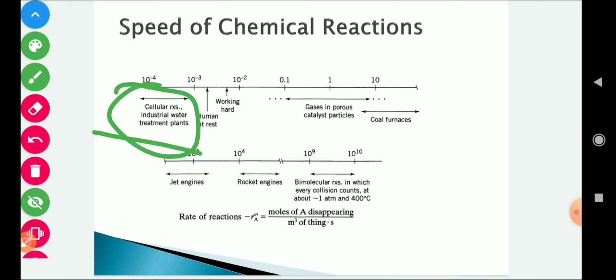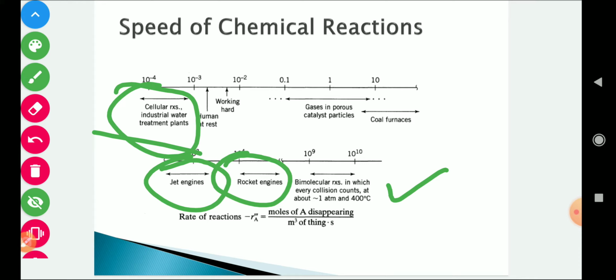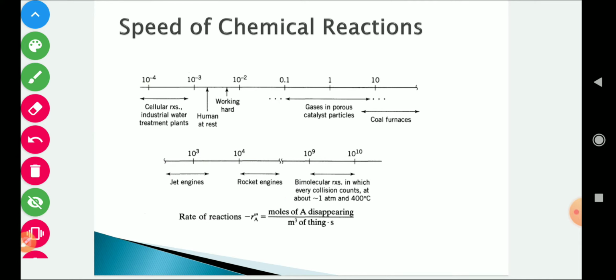On the other hand, reactions in a jet engine or rocket engine, or a bimolecular reaction in which every collision counts at about 1 atmosphere and 400 degrees centigrade, are extremely fast reactions. Here it is 10 raised to power minus 10, here 10 raised to power minus 4 only. So you can see how much the difference between slow and fast reactions is.